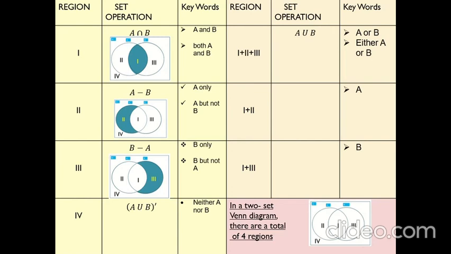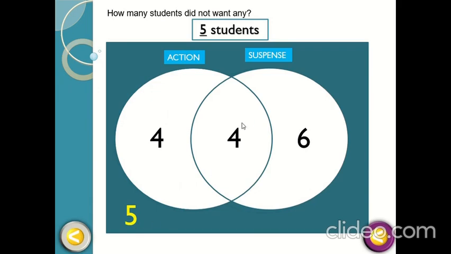That is region 4. Example, neither action nor suspense. So you get your answer outside the circles for this kind of question.